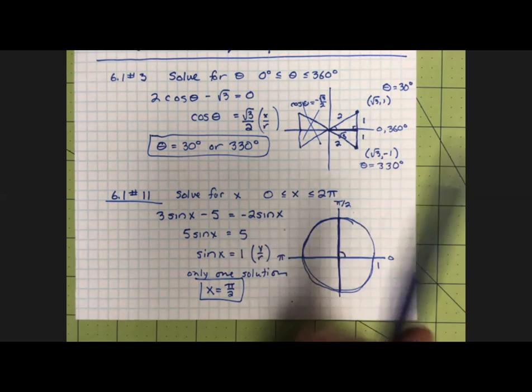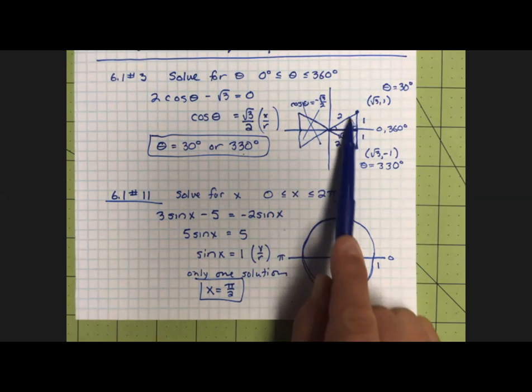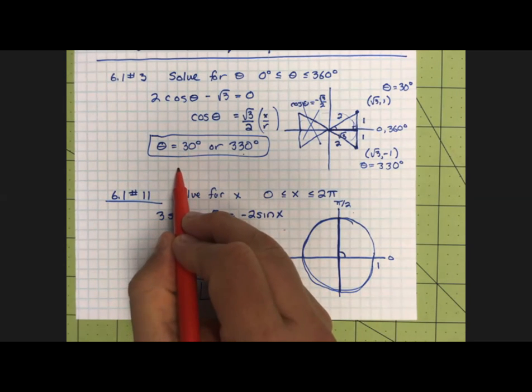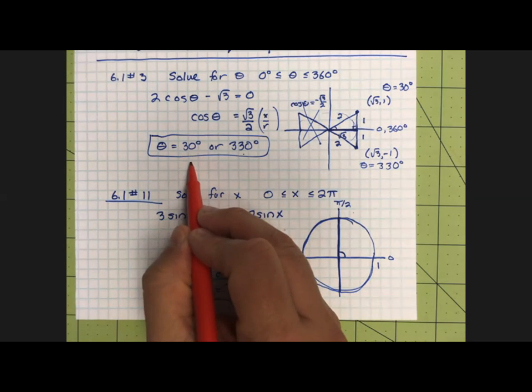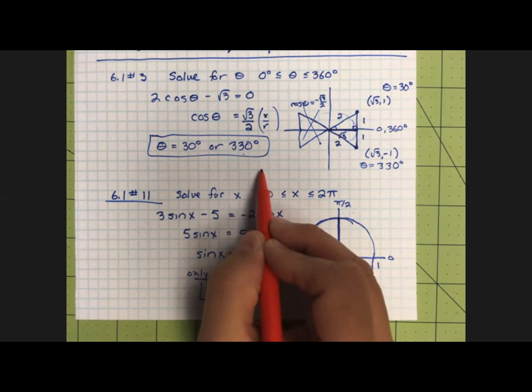In the problem above, these are the only two angles between 0 and 360 that work. But you know that if I keep adding 360 to either one of those, I would get an answer. So I could say 30 degrees plus 360 times k, or 330 degrees plus 360 times k.